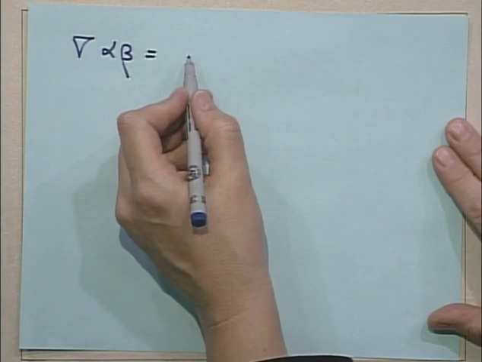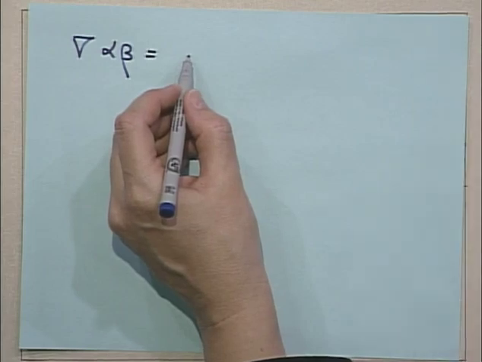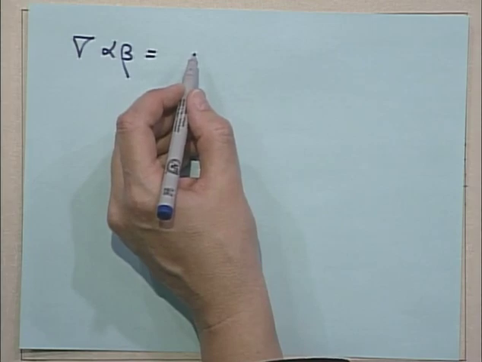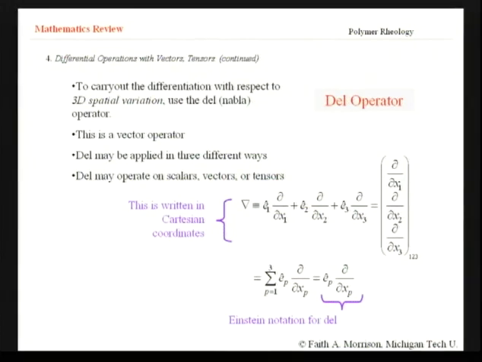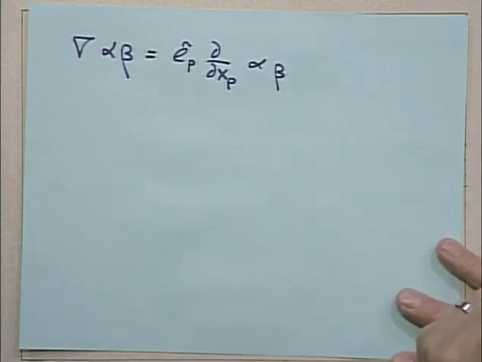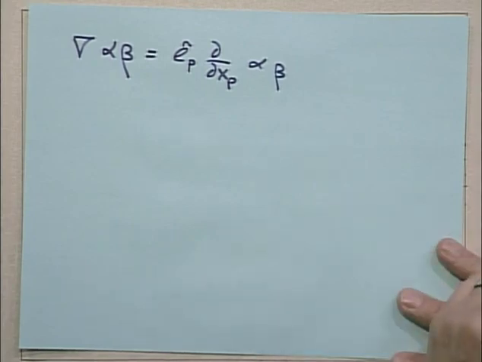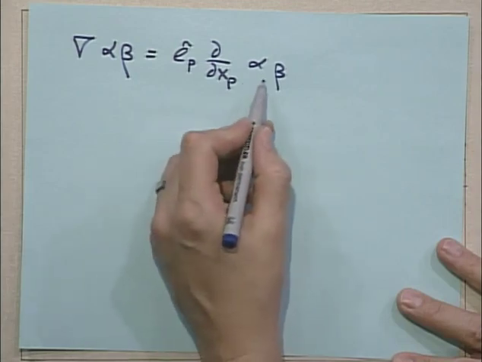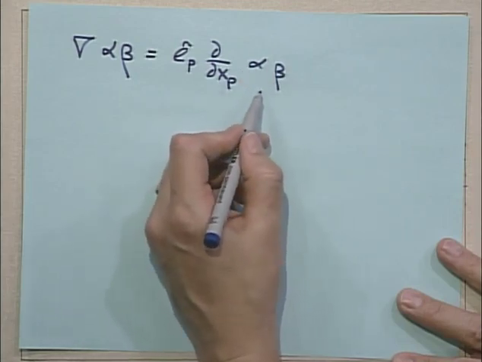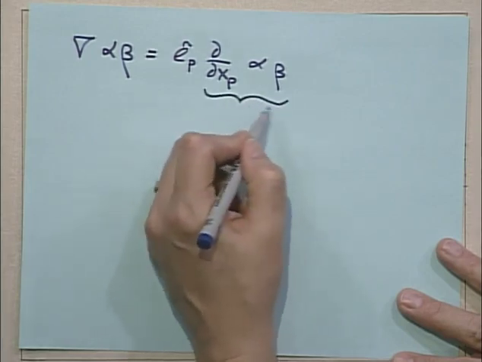So how do we write the gradient operator? e_p d by dx_p, and then we write alpha beta. So it's important not to be confused about scalars and moving them around once differential operations appear. Although these are scalars, so scalars move around, this derivative operator goes with it.